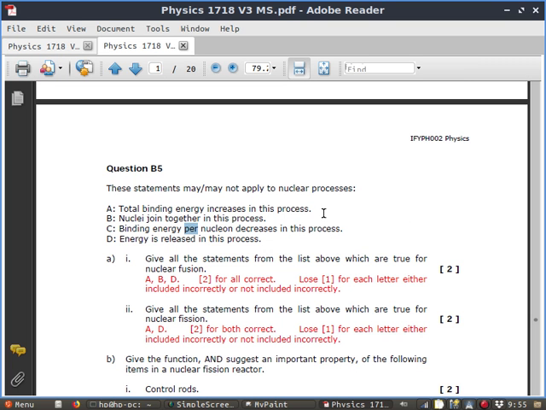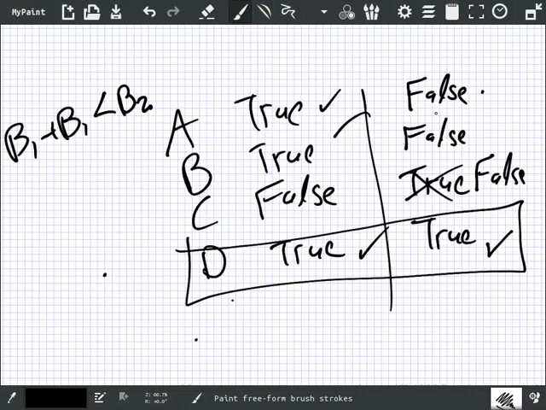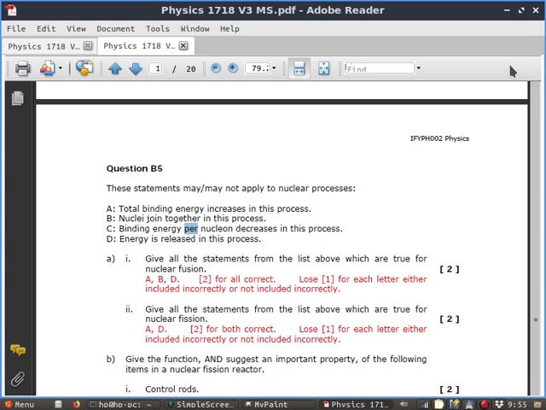And they said A is true. That's terrible. So we can remember the total energy always increases. The total binding energy always increases. Actually, I'm not sure what that is.